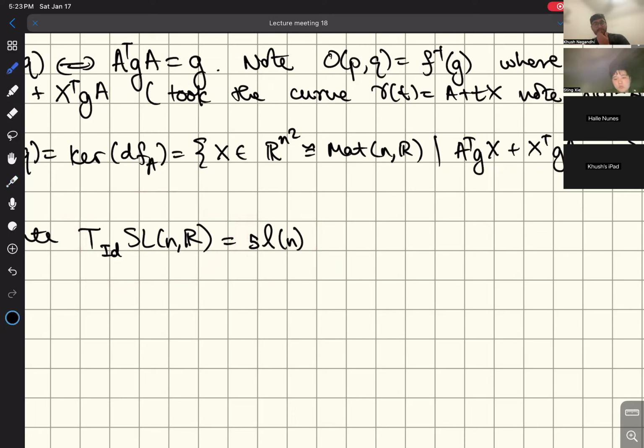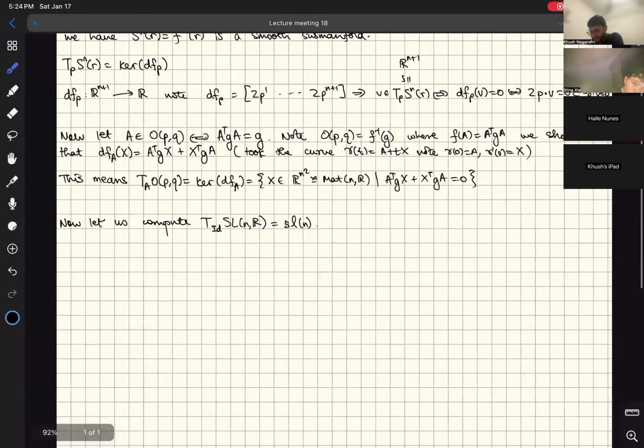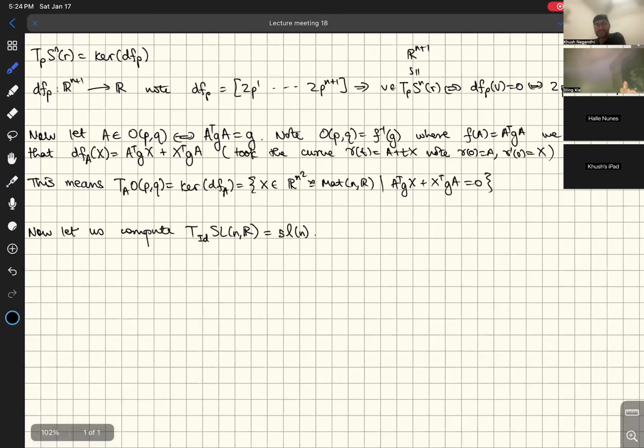Okay. So if you remember, SLNR is the group of unit determinant matrices. And so in spirit, it's very easy to compute what the tangent space at identity is because we just have to take the kernel of the determinant map.